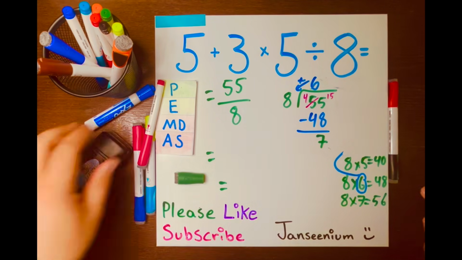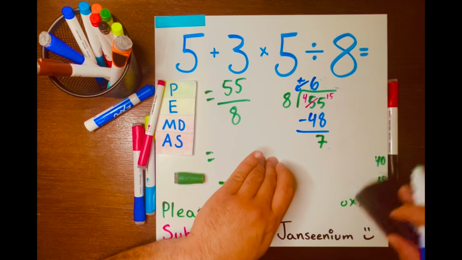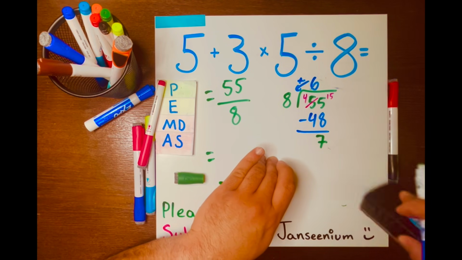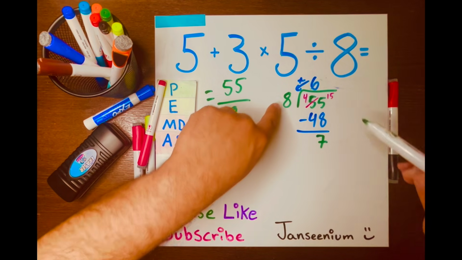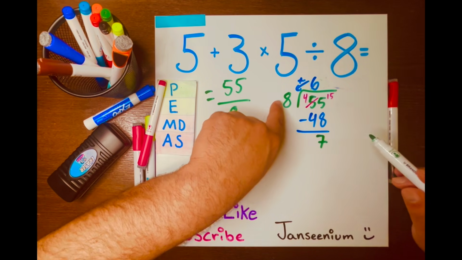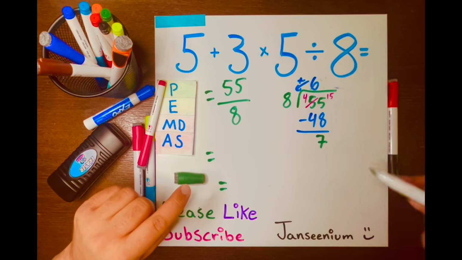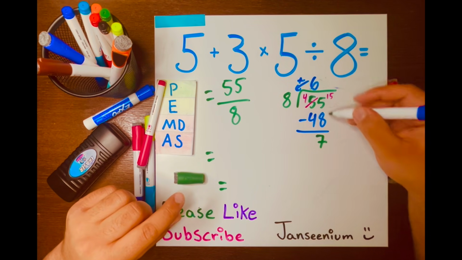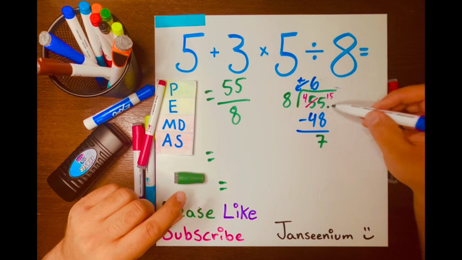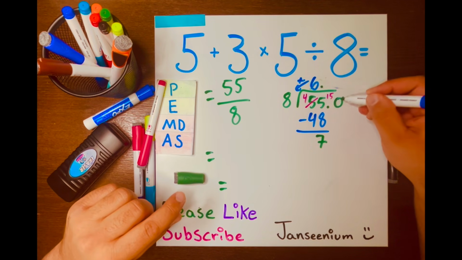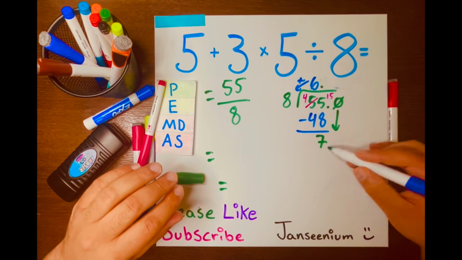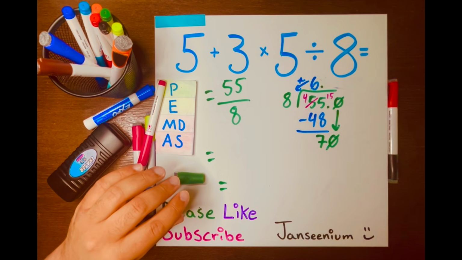Sorry. Next, let me erase all this for space. And we know that 8 cannot fit into 7, so 7 needs to borrow a 0. So we're going to add a decimal after the 55 and a decimal after the 6, and we write a 0 here. We bring down the 0, give it to the 7, and the 7 becomes 70.